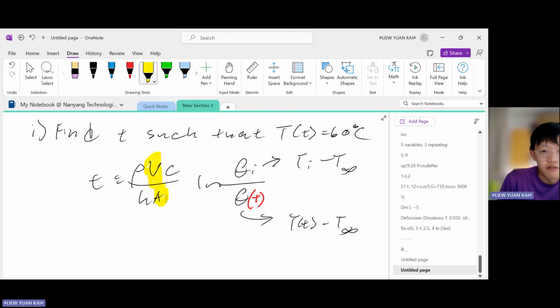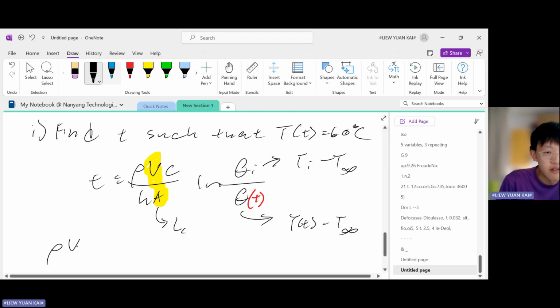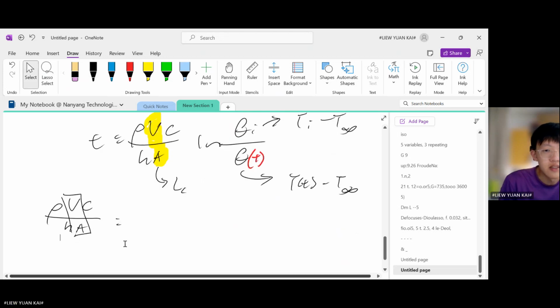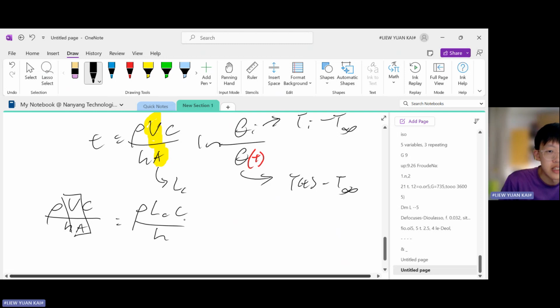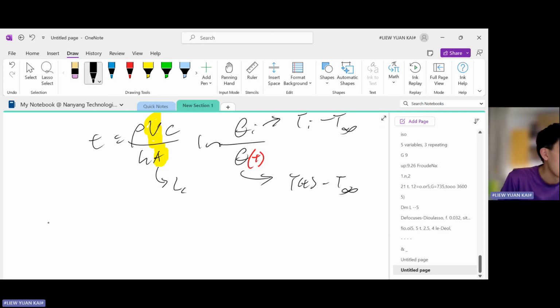Notice this quantity V over A. What does this look like? This actually refers to the characteristic length. So instead of writing rho V C over H A, this can be transformed into rho Lc C divided by H. We do not need to separately substitute volume and area, otherwise there'll be a lot to write. So substitute in the values.